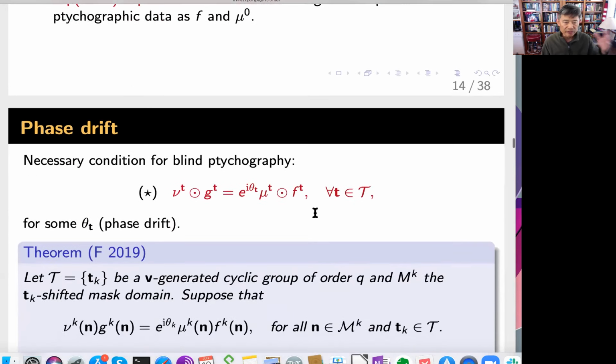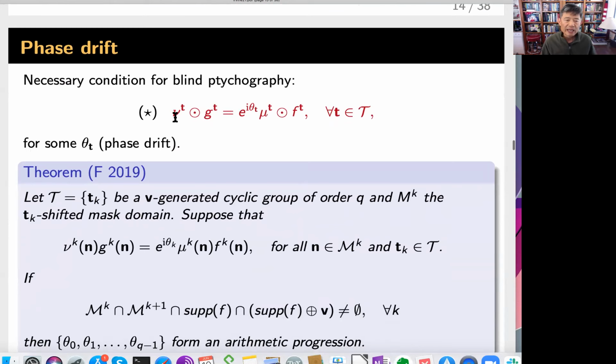So the first step, we shoot for finding a condition to ensure the following necessary condition holds, meaning that the mask estimate and the object estimate, when you take the Hadamard product, there will be some phase factor that depends only on t and not on the underlying pixel. So we say, let's try to find a condition to ensure this happens.